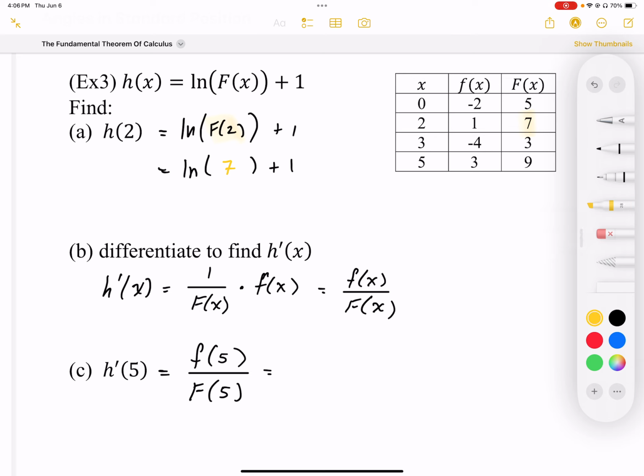My table value at x equals 5 gives little f is 3, big F is 9. So this is going to be equal to 3 over 9, and that represents the slope of the h function at x equals 5.